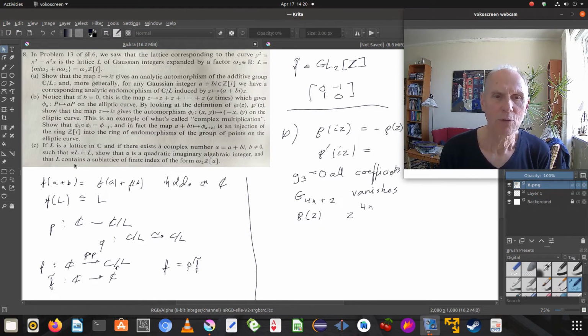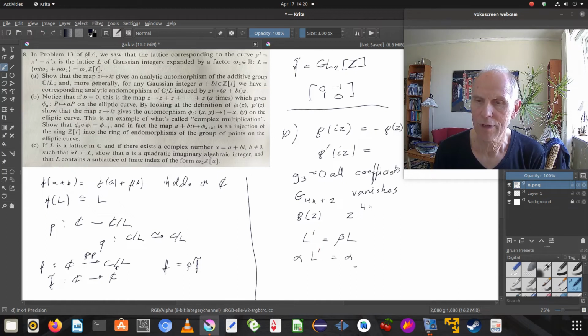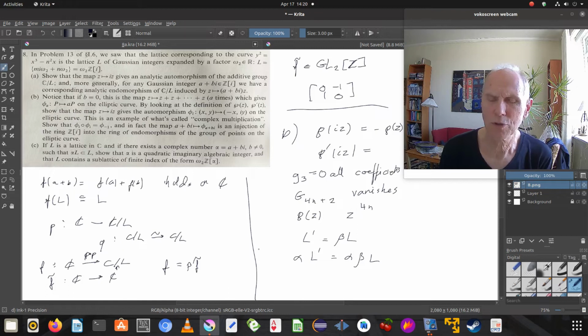And that's because if we multiply the lattice by some complex number, beta, then alpha equals alpha beta L.